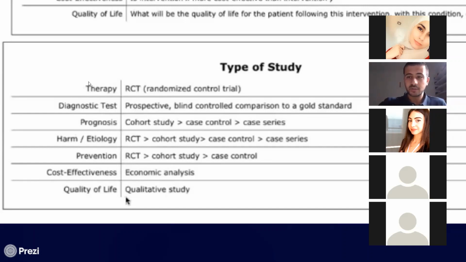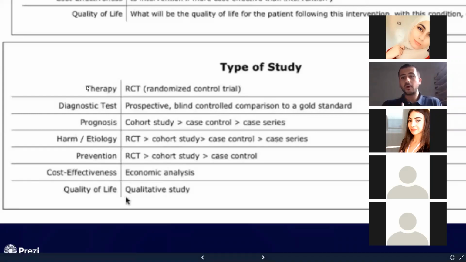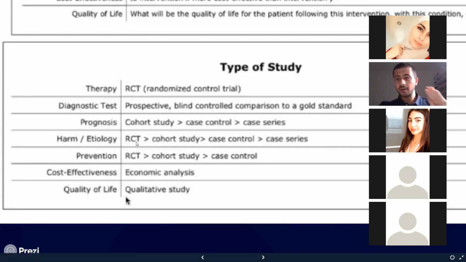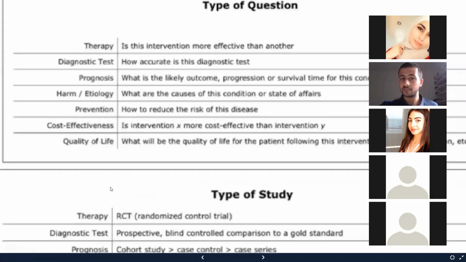I started with a therapy study, but I end up with a harm study, right? Because my drug started as a promising drug and ended as a harmful drug. So we have an RCT here, but it's totally unethical to plan for an RCT where we have a harmful intervention.